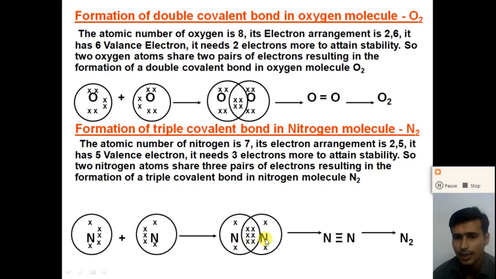So between these two nitrogen atoms 3 covalent bonds are there. A triple covalent bond is formed between the two nitrogen atoms and forms a nitrogen molecule. So in one nitrogen molecule, the two nitrogen atoms join with 3 covalent bonds, a triple covalent bond, right? Understand, dear student, or not?